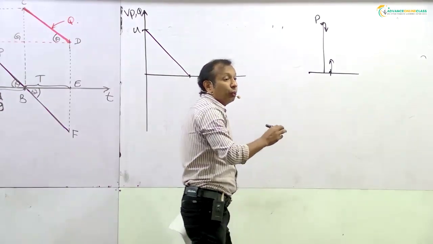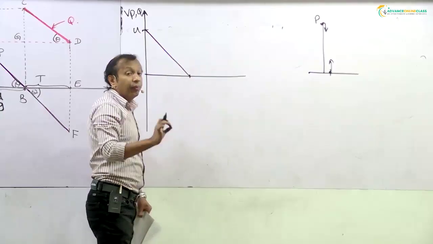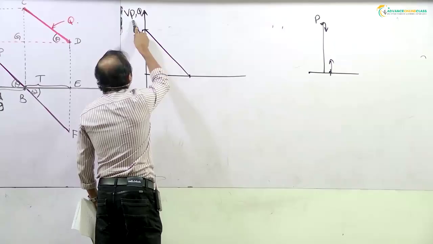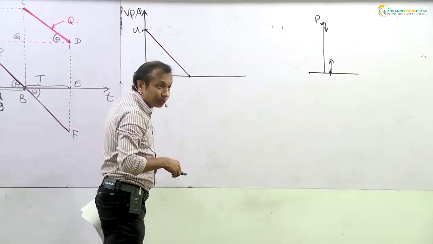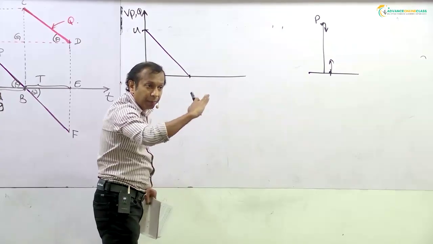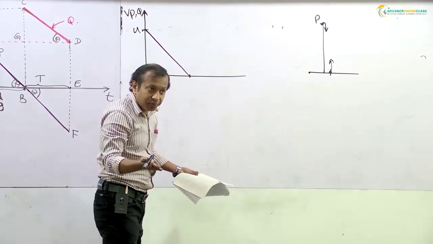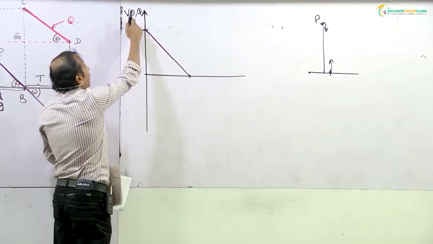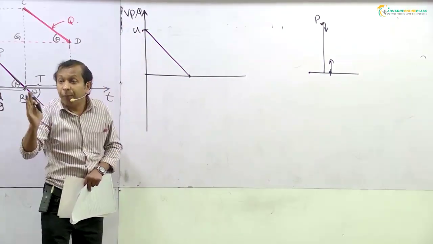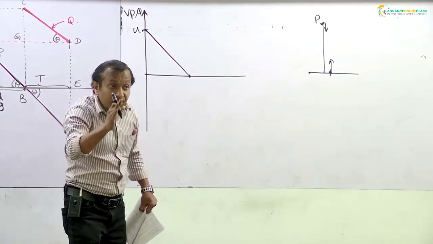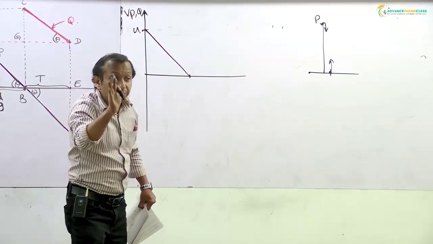Now, to include this into the diagram, we need the acceleration of P relative to Q. Why? In the VT graph, by the gradient we get acceleration. This time the VT graph is the velocity-time graph of P relative to Q. Therefore, by the gradient, we get the acceleration of P relative to Q.